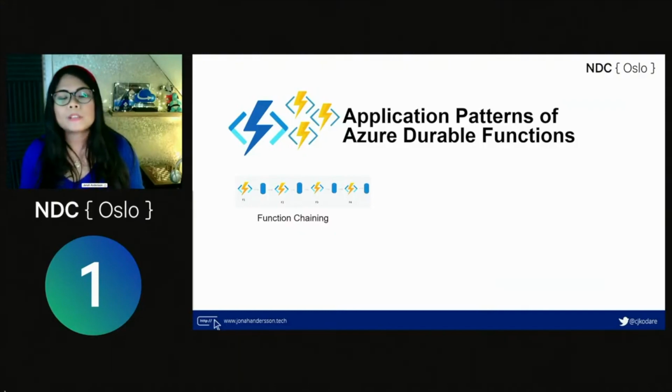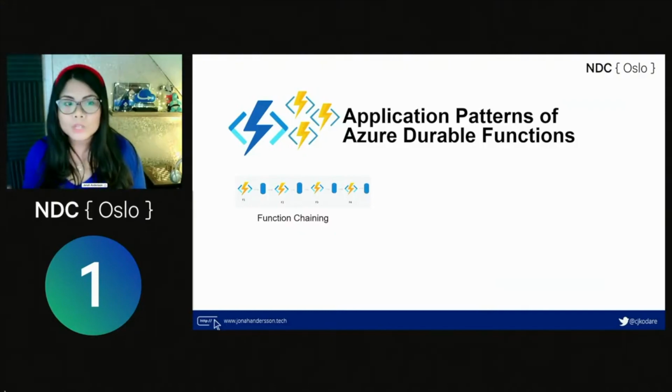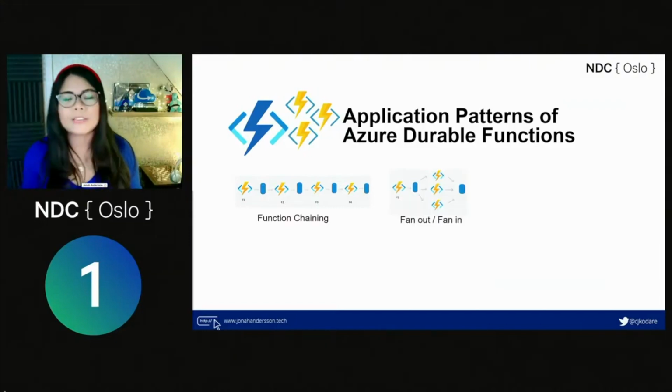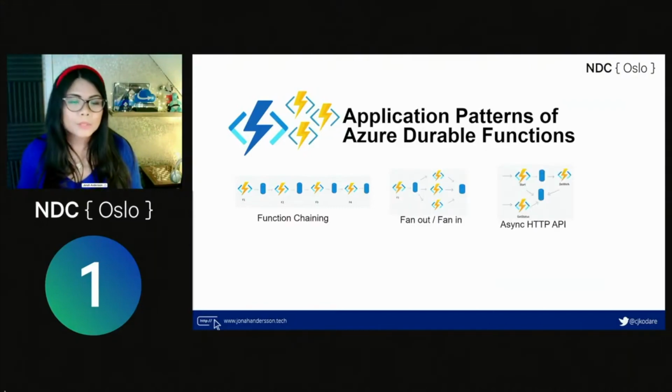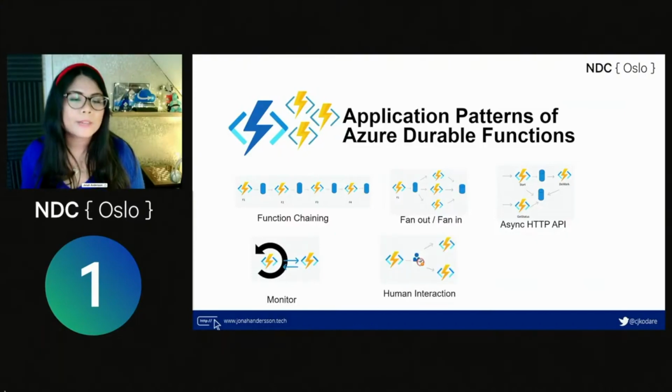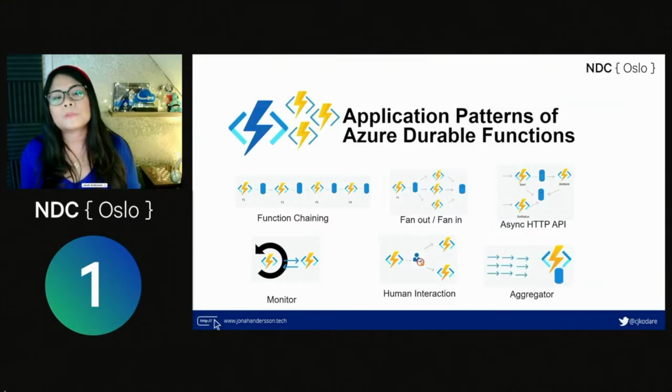The first pattern is called function chaining. And then the second one is fan out, fan in. And then we also have the third pattern, async HTTP API. And then there's the monitor pattern, and then the human interaction pattern. And then there's also the aggregator pattern.